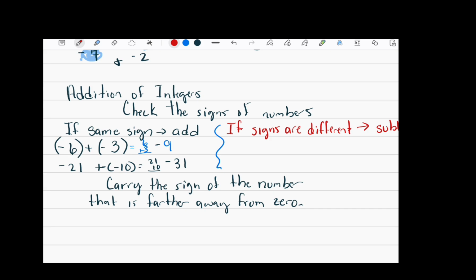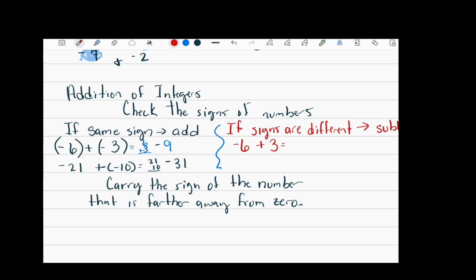So just because you see a plus sign, that does not mean you always add. When you have negative and positive numbers, you need to check the signs, because you may have to add or subtract. So what I mean by that is this. If your problem is -6 plus 3.